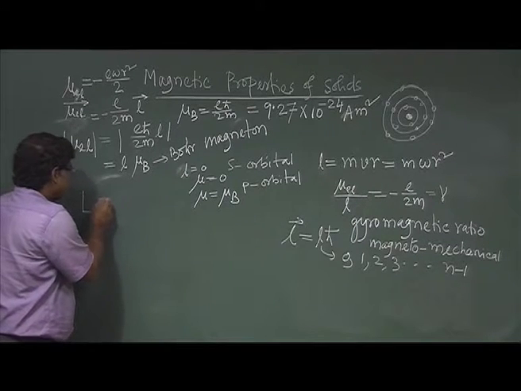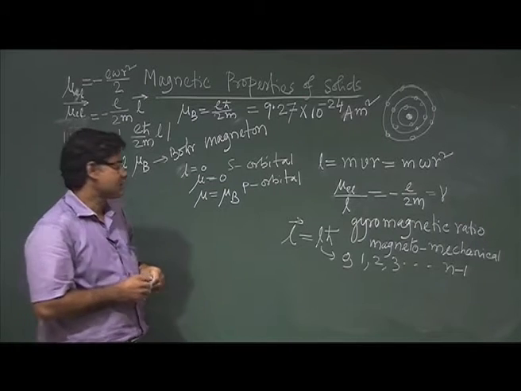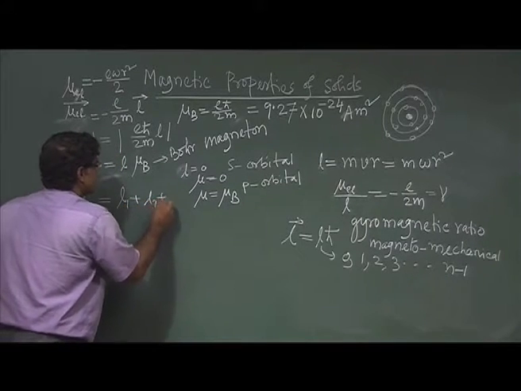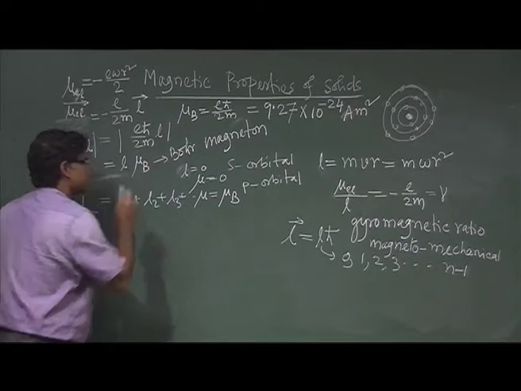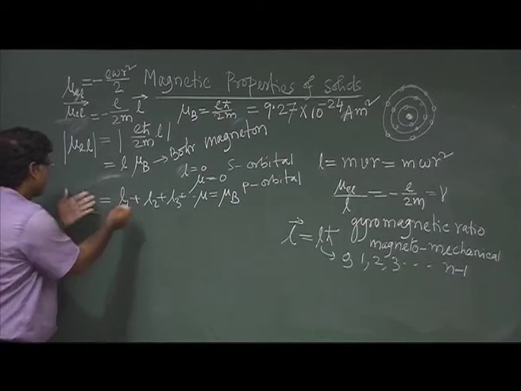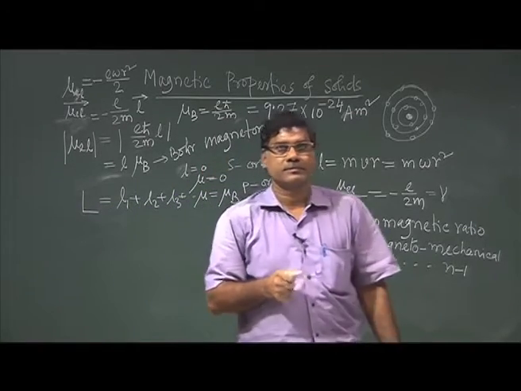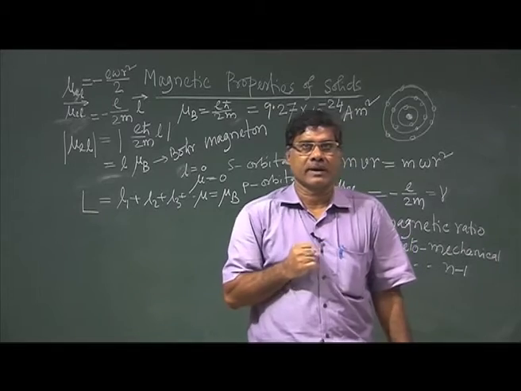So, this total L, resultant L, is basically L1 plus L2 plus L3, etc. Okay. So, that will give the total angular momentum of this atom, right.